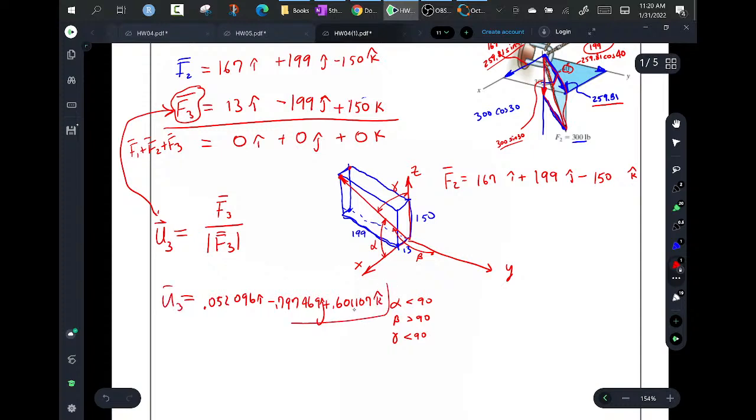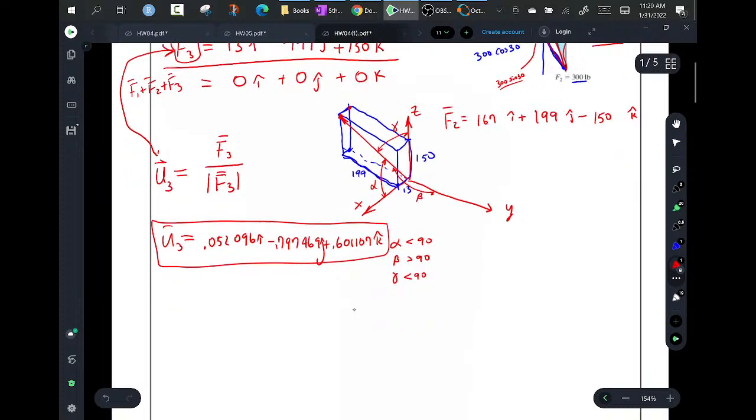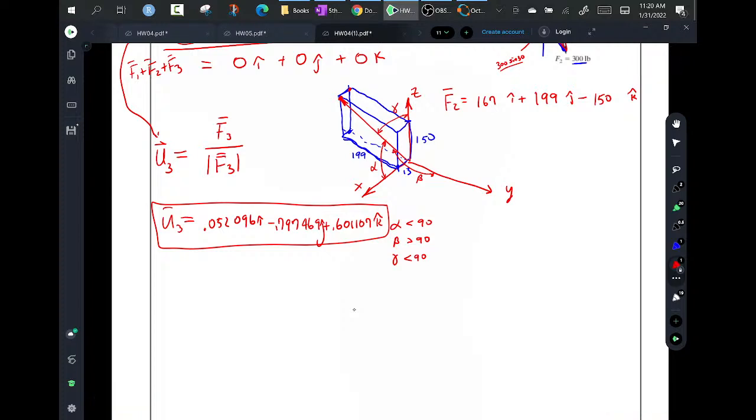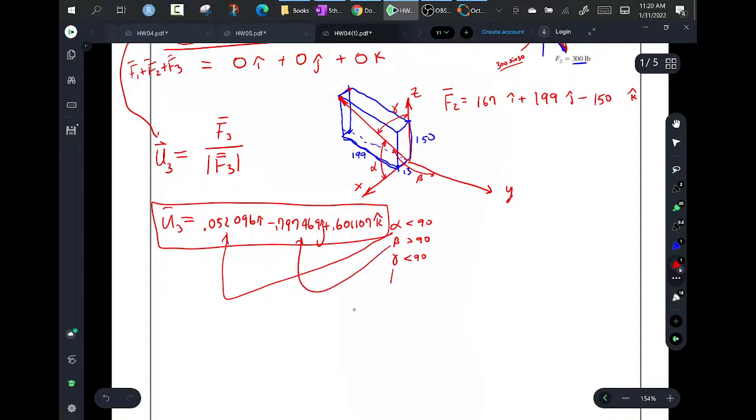Okay, so if you want to know what these vectors are, you look back in the book and what you'll find out. This angle can come from this component. This one can come from here, and this one can come from here. So in fact, I've got a unit vector.